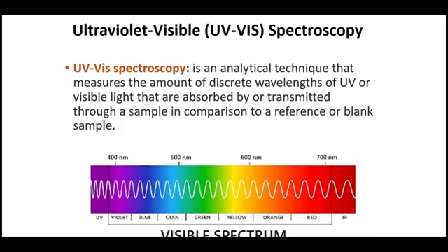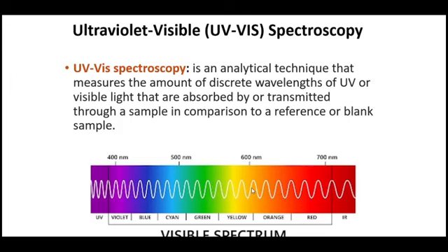Ultraviolet-visible spectroscopy, or UV-vis, is an analytical technique that measures the amount of discrete wavelengths of UV or visible light that are absorbed by or transmitted through a sample in comparison to a reference or blank sample.